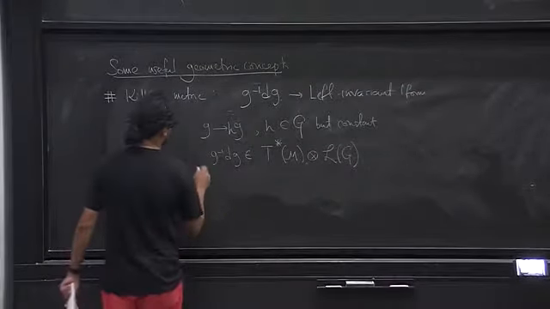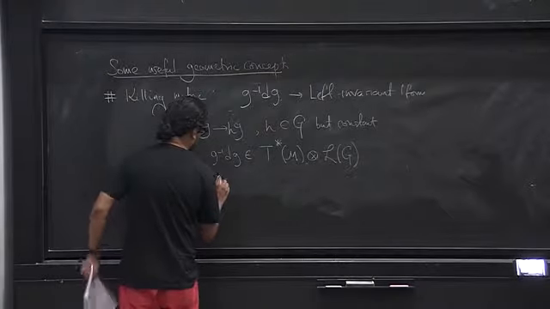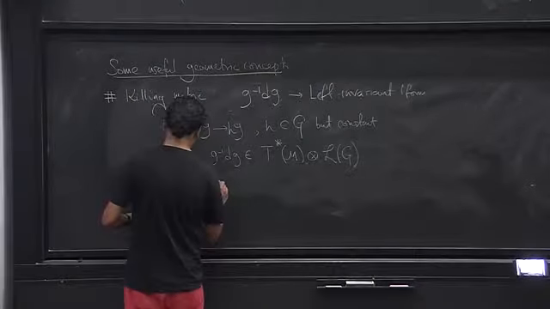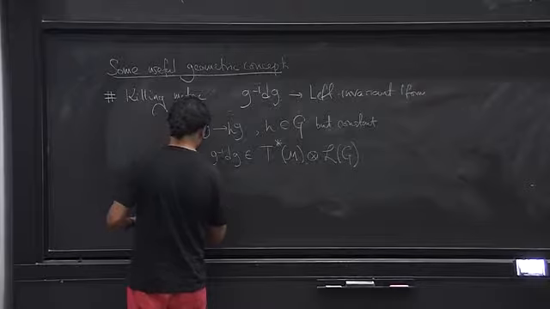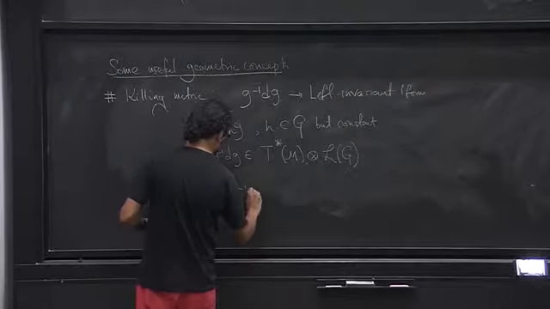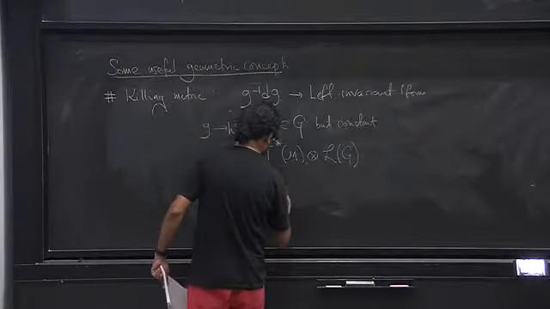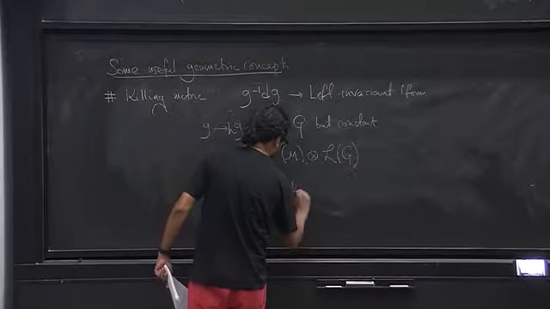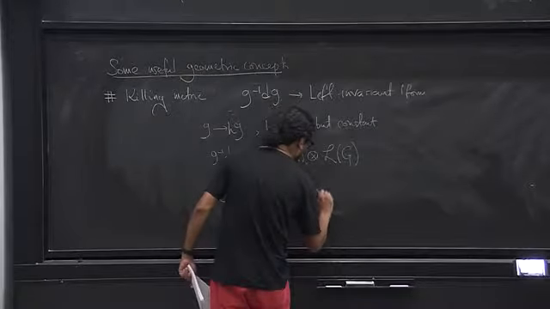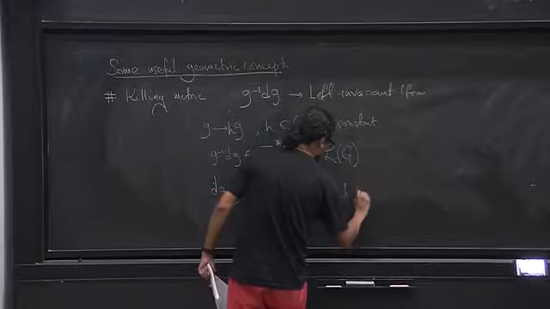We can similarly define a right invariant form, and that's basically dg g^{-1}. This is the right invariant one form.